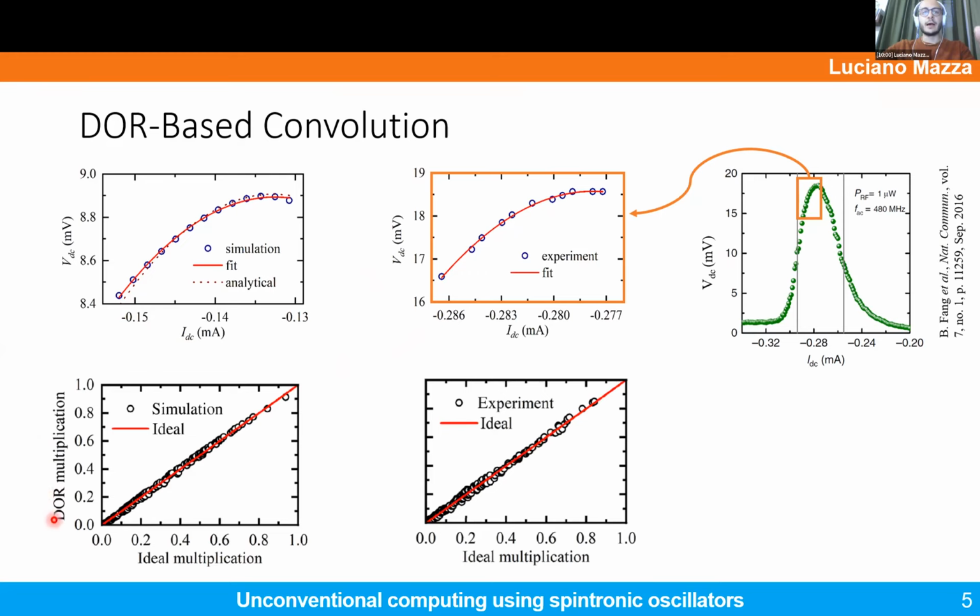We can see here a plot of the obtained multiplication versus the ideal multiplication. And ideally, these black dots would be over the red line, which is the bisector of this first quadrant.